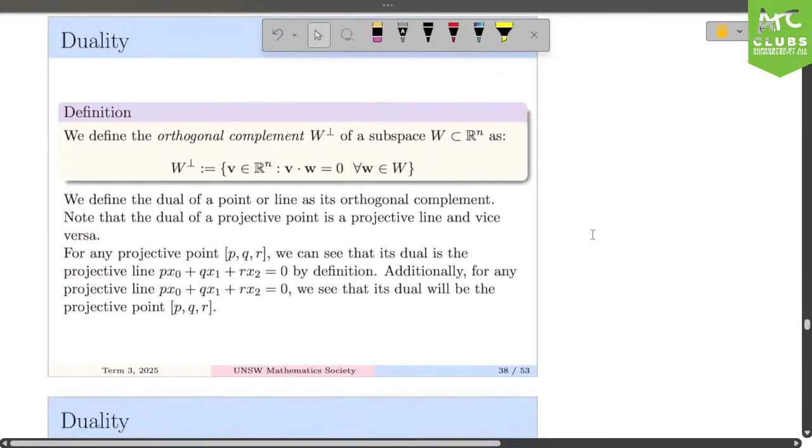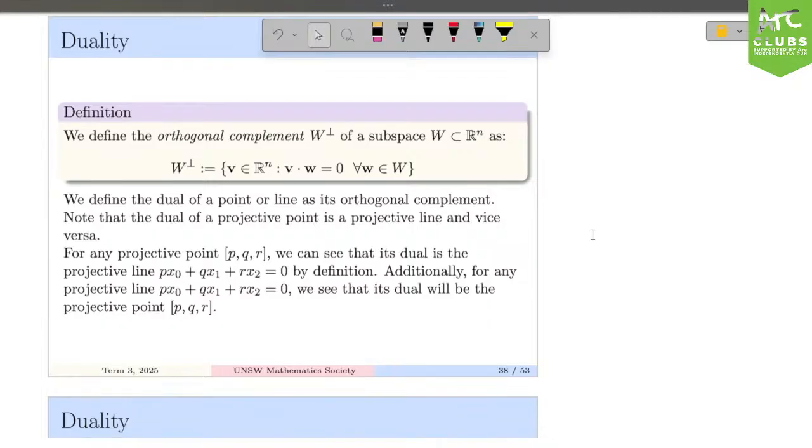First we need to define the orthogonal complement, which is a function that operates on some subspace of Rn, and it's just the set of vectors which are orthogonal to every vector in the original subspace.